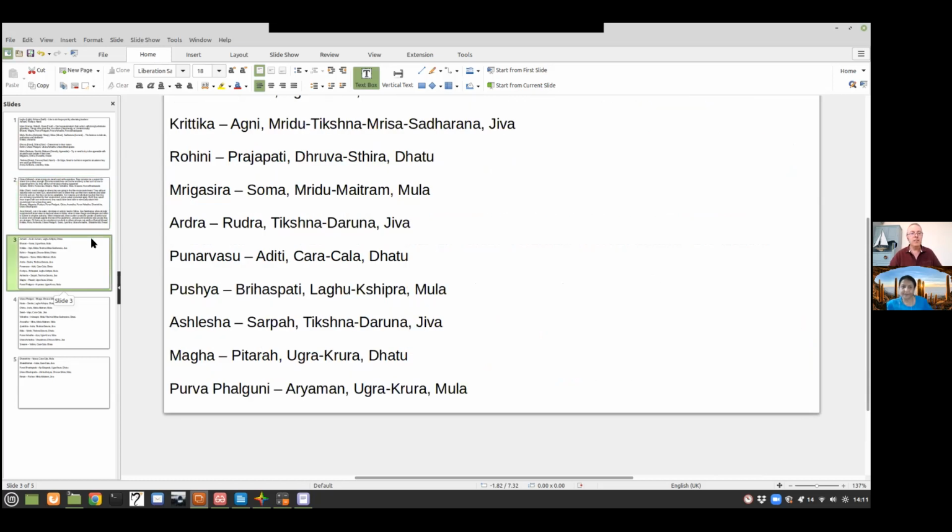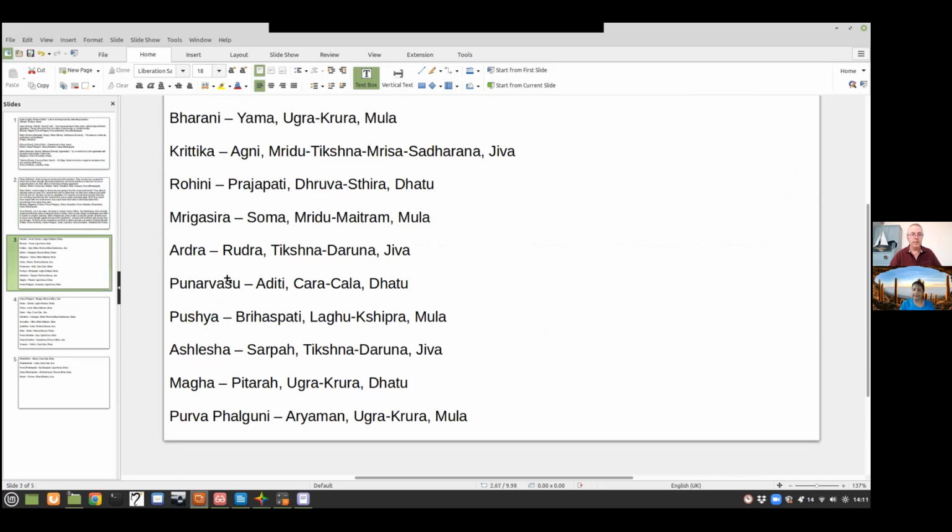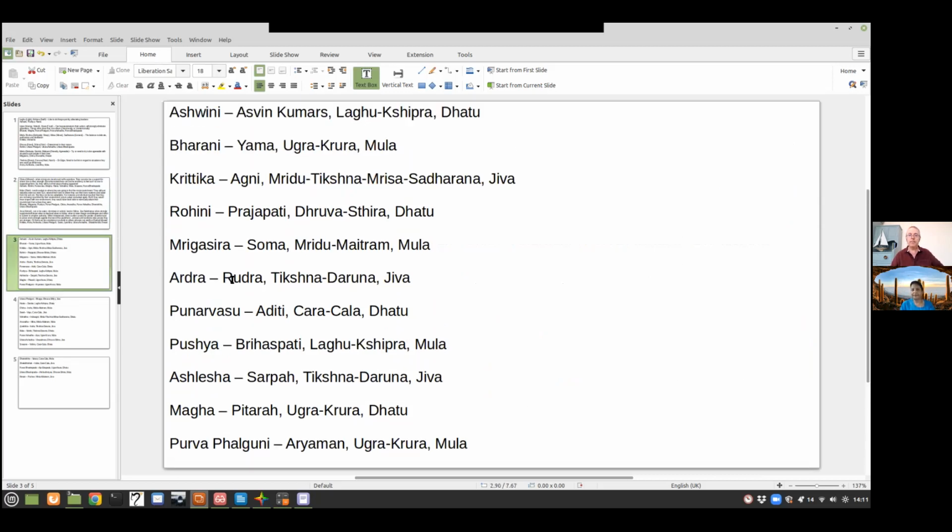But just to give a general idea, when you learn these concepts, it's just putting the deity that's connected to the nakshatra together with the nature of the nakshatra and the kingdom of the nakshatra. Okay, so we'll go through each of these briefly with each of the deities and maybe touch on a few just to give you an example.